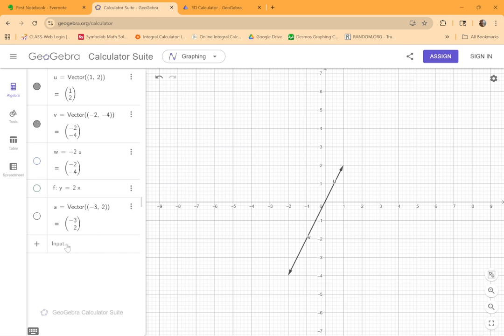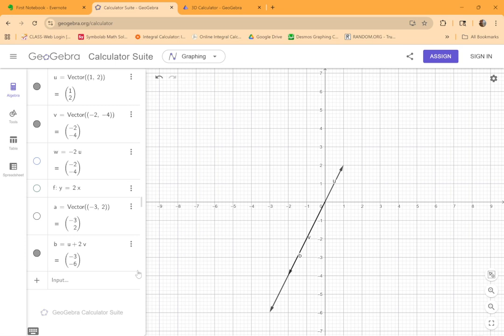Now if I type in any linear combination of u and v, let's say 3u minus 2v, or let's say plus, and then you could see what that does.